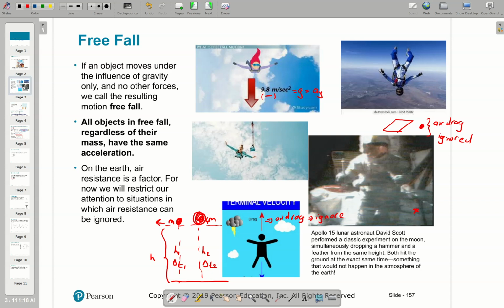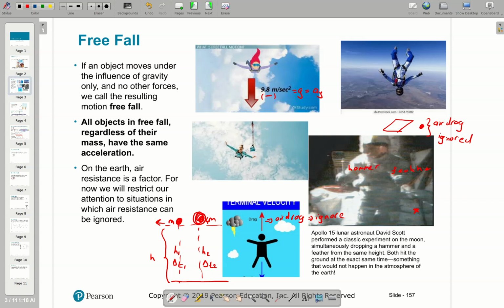This picture is showing an astronaut, David Scott, doing an experiment on the moon, and there is no air. When you drop a feather and a hammer, they will drop at the same time. But if there's air drag like on Earth, they will not.